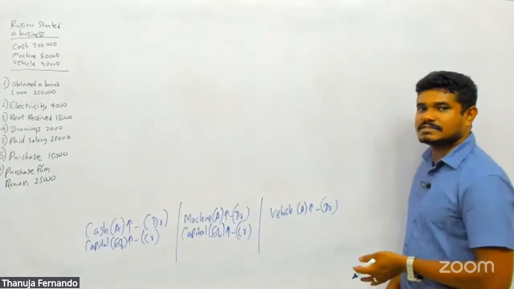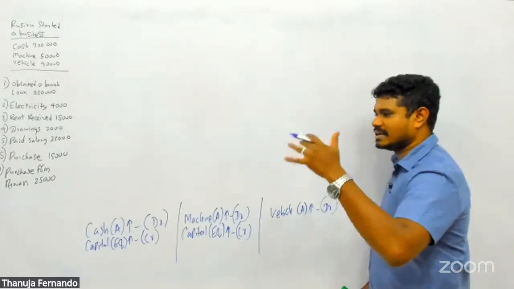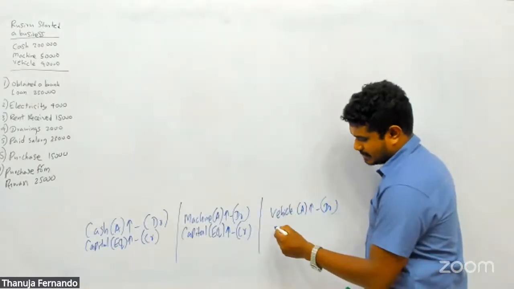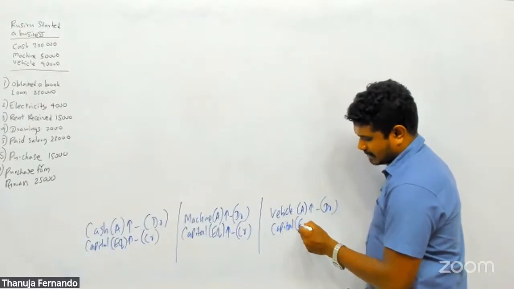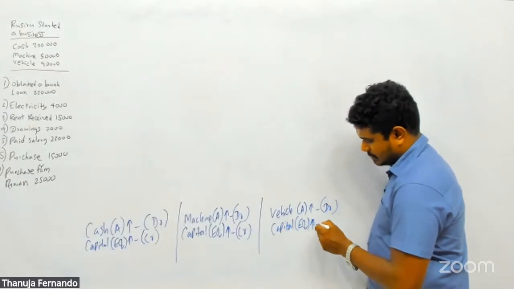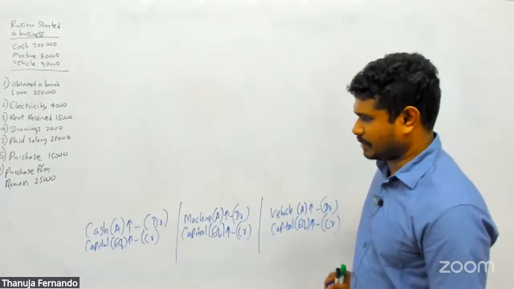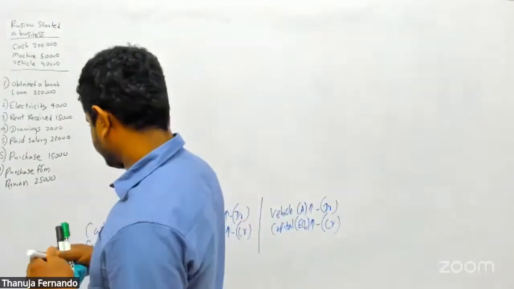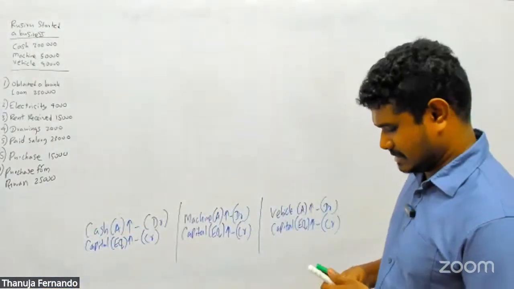Who gave this to the business? The owner. Then all the investments of the owner we consider as capital. Capital equity increasing, credit. These are the first three. So we have to prepare accounts for all these.